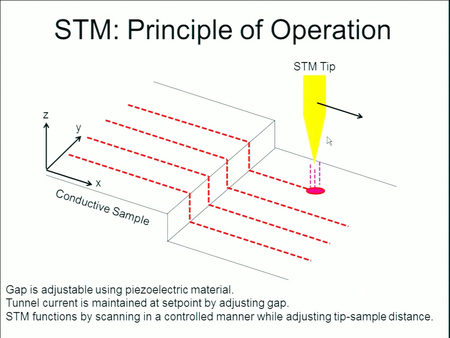So in other words, as this gold tip is scanning across our sample, instead of the tip moving down to maintain that, let's say, 0.8 nanometer distance, we actually move the sample up a proportional distance to this step height right here, and that maintains the set point.